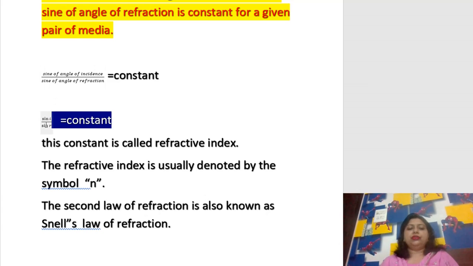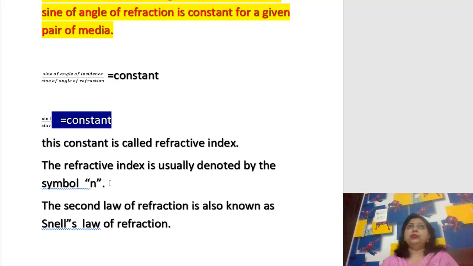So you can write it like this: sine I upon sine R equals constant, and this constant is called the refractive index. The refractive index is usually denoted by the letter n.